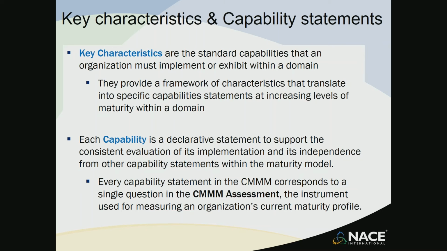Sufficiently, in terms of the model, is 70%. 70% of all of the characteristics at that maturity level have to be accomplished before it would be assessed that you are at the next level of maturity.